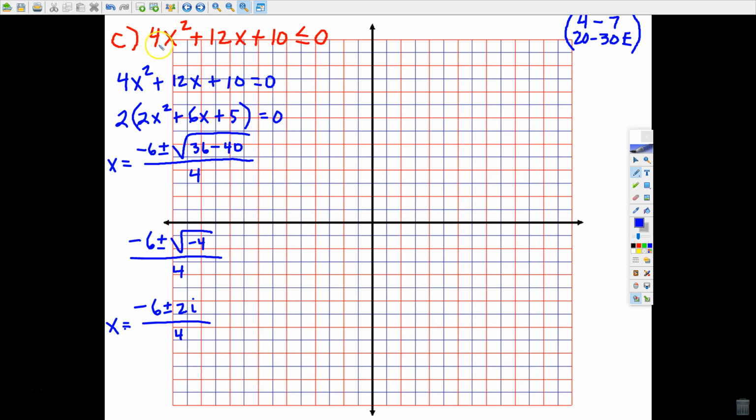Since the number in front of x squared is positive, it has to open up. Therefore, if this graph never crosses the x-axis and it opens up, then the vertex has to be somewhere above the x-axis. If it were below the x-axis, then we would have to cross.